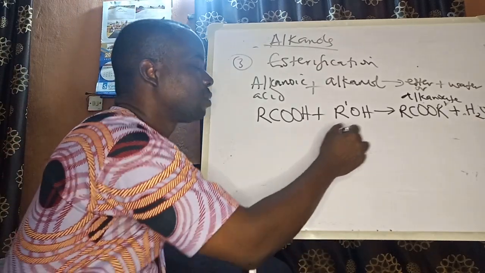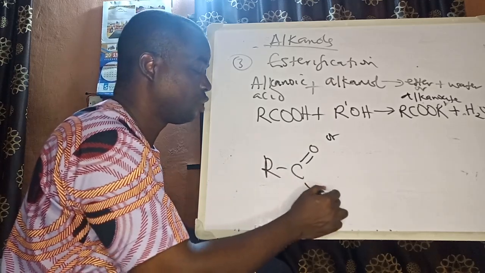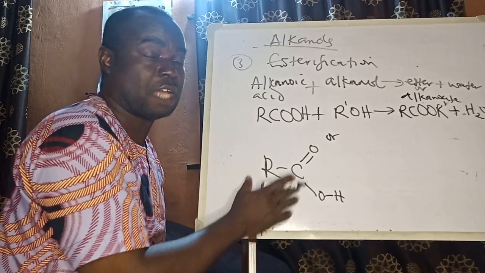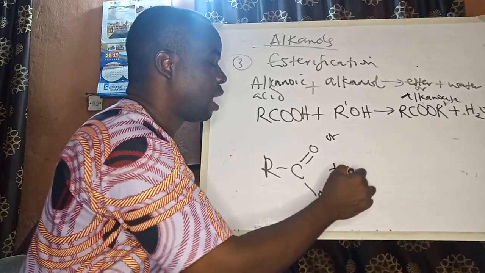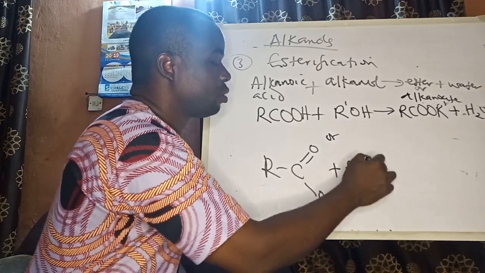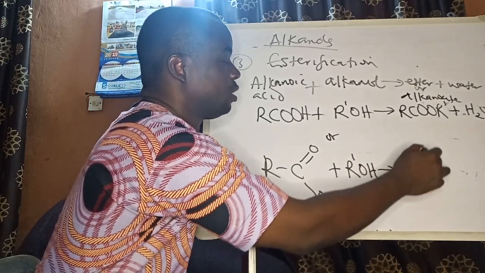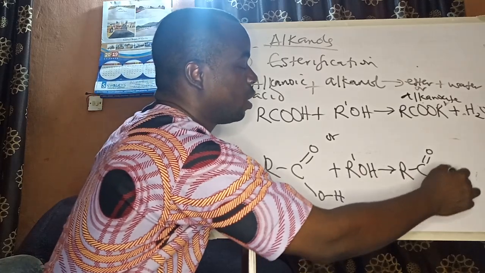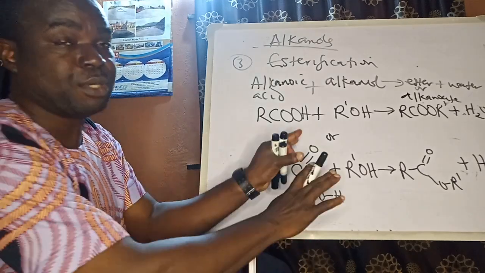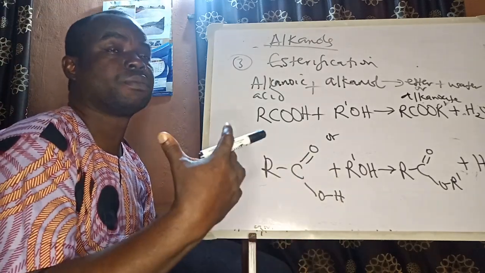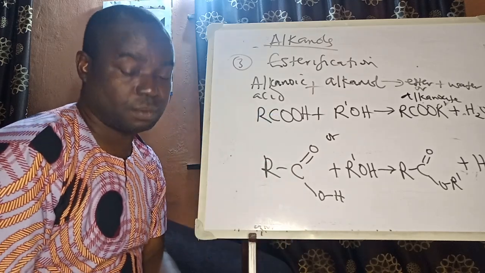We can also do it like this: RCOOH, the same thing I taught you under oxidation, plus R'OH will give us RCOOR' plus water. Make a copy of this formula and keep it. That's the general formula for esterification. Now let me teach you how to solve examples.